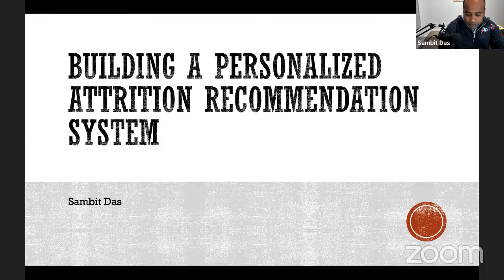For this session, as we mentioned in our agenda, I am going to go through an attrition recommendation system, and my idea is to break it down into a step-by-step process, so that I can show you how I went about creating this model.